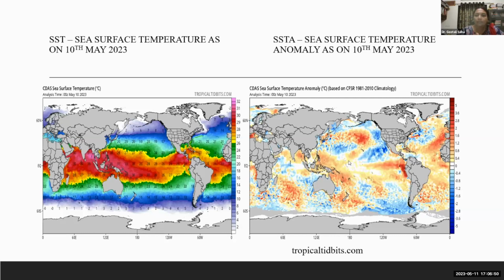Based on that, the difference between the present reading and the mean is taken, and that becomes the anomaly. The scale on the right-hand side of each image gives the value of how much variation there is on each map. Over here, the variation is from 2 to 32 degrees centigrade, and in this case it is -5 to +5 because it is a difference with respect to the mean value.